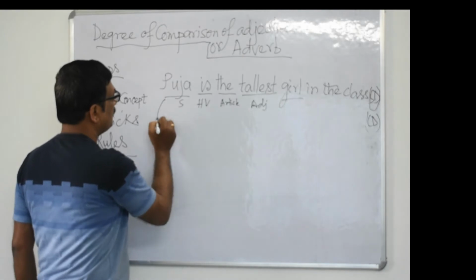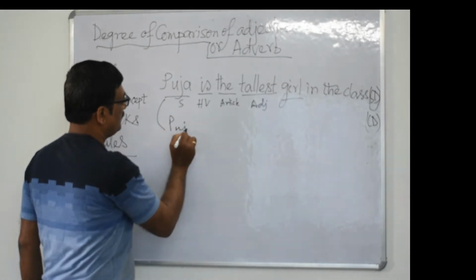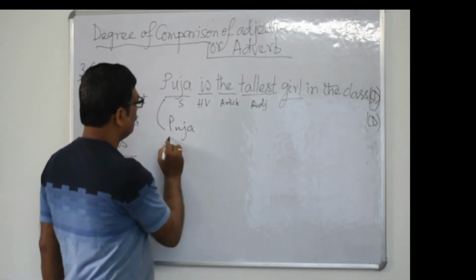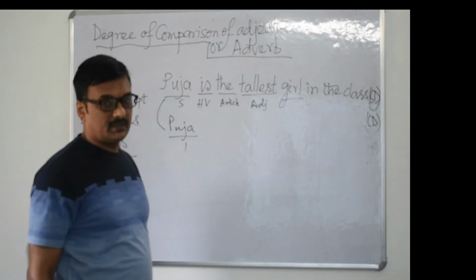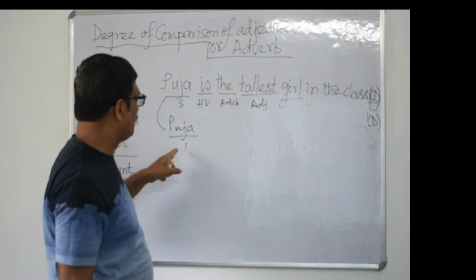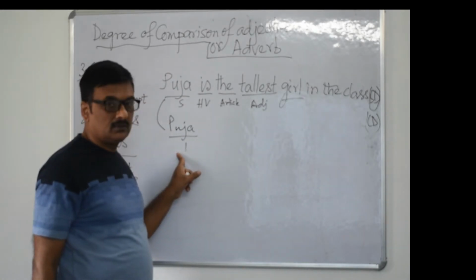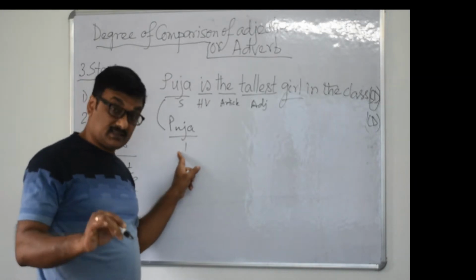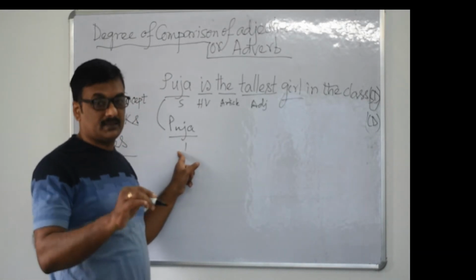Pooja is used as the subject, it will remain so. In the first place Pooja comes here, that is, the subject of the superlative degree comes to the comparative degree as subject in the same place.